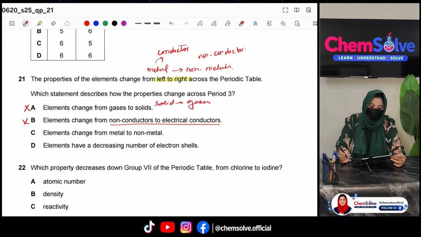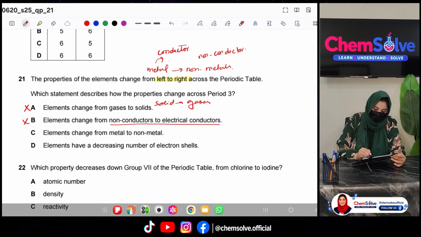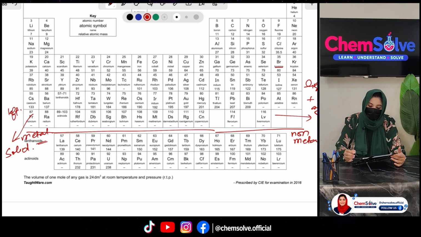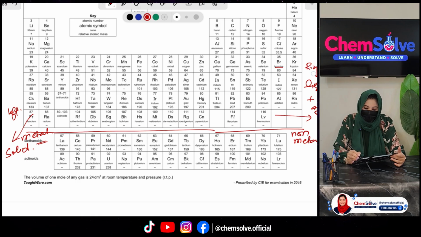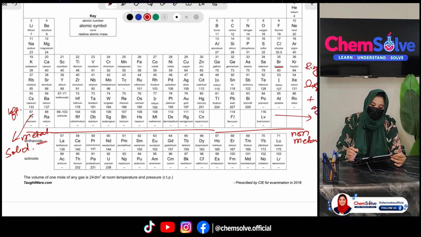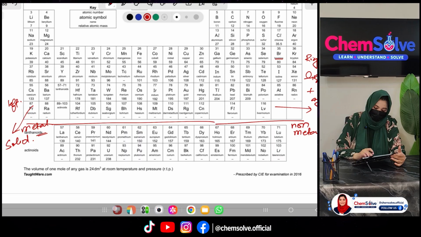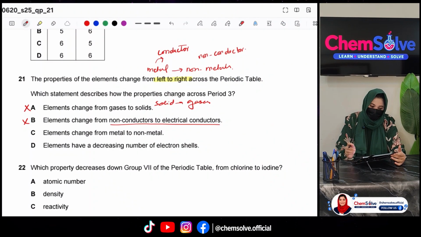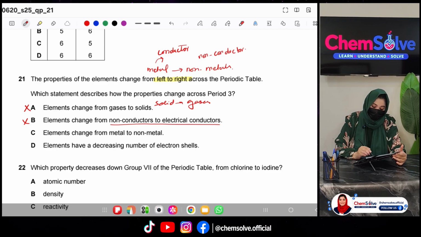Element changes from metal to non-metal. Again, just look at the periodic table. I told you these are the metals on the left side, and on the right side they are all the non-metals. So this statement is the correct one. I believe this is our answer, but just look at the other option as well. Elements have decreasing number of electronic shells.